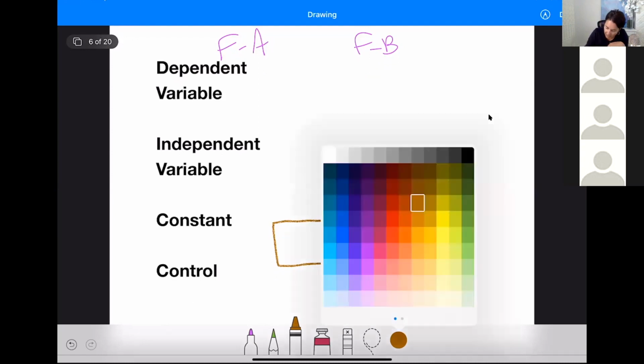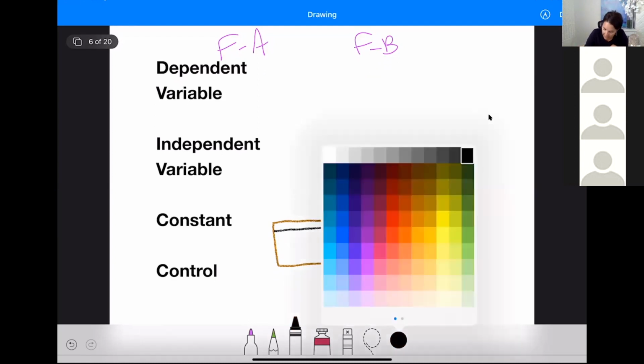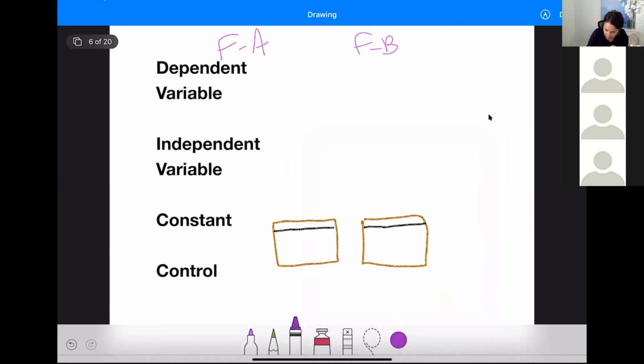Okay. Then I add dirt, and they both get the same amount of soil, exactly the same type of soil, everything. Okay. Then I add my seeds. Same again, same type of seeds, same amount of seeds. Everything is the same. Nothing is different.